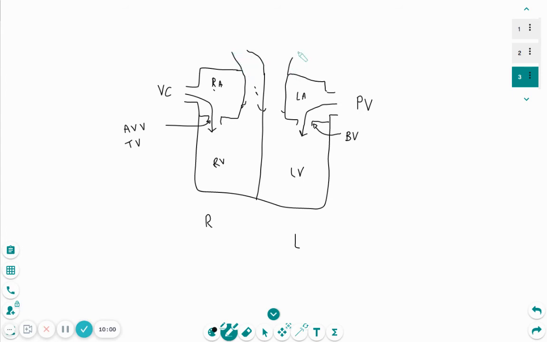So the left-hand side, blood is being pushed out now. Blood's being pushed out the right hand side. And the artery which takes blood away from the left hand side is called the aorta. And this is taking it to the body.